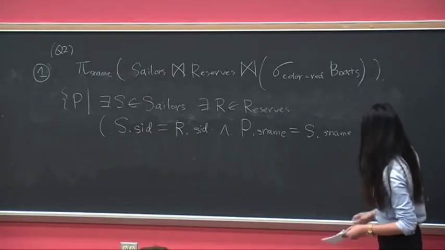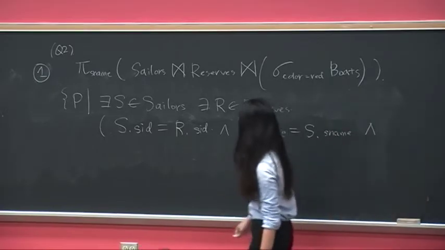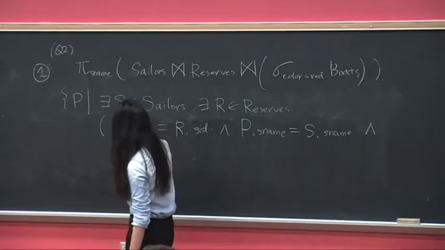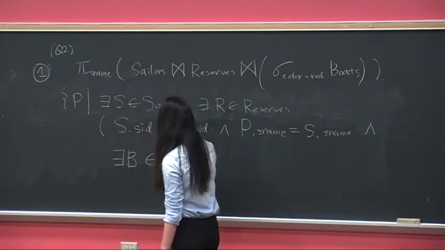So what we can do is actually continue saying, and there actually exists B that is from boats.